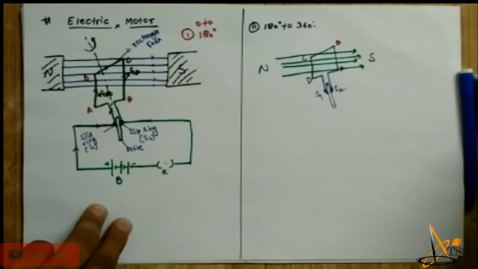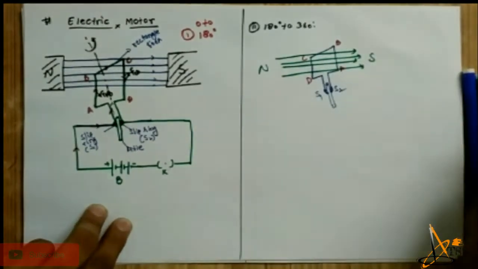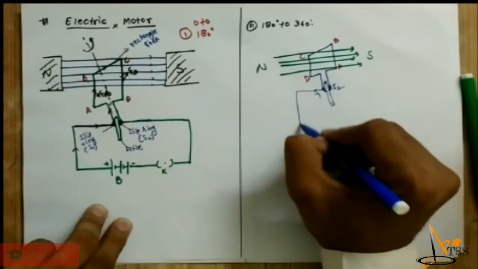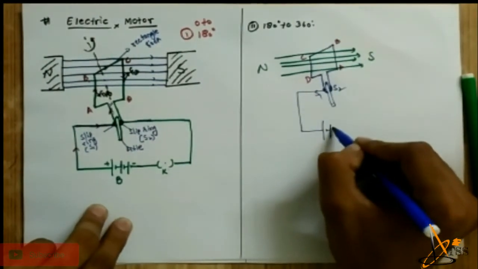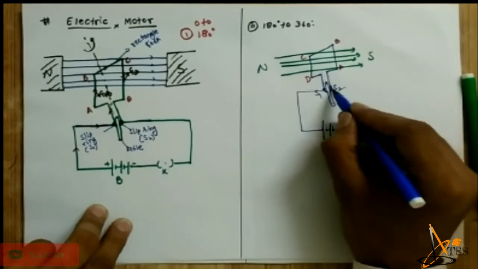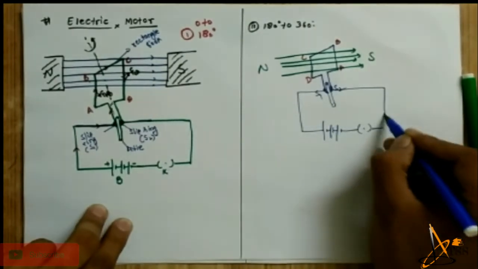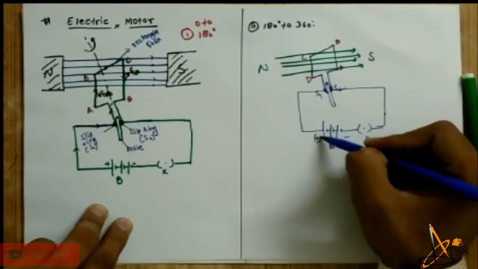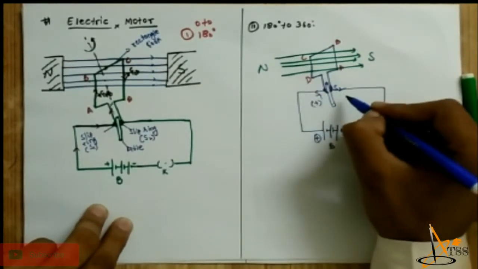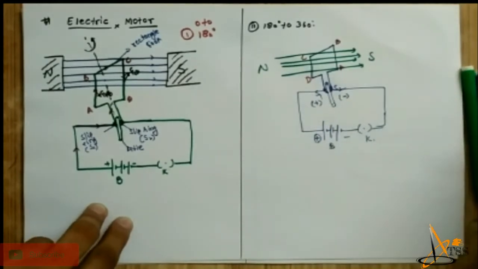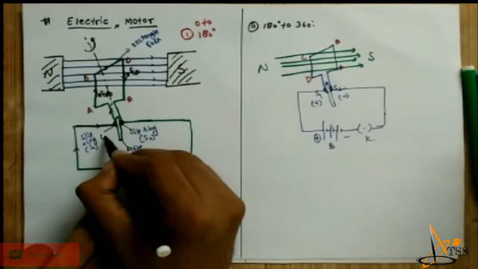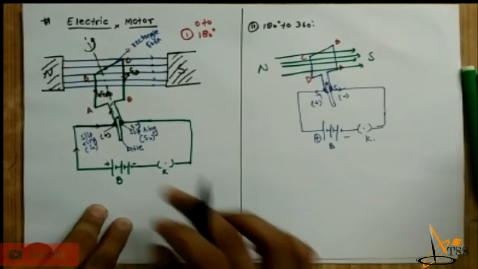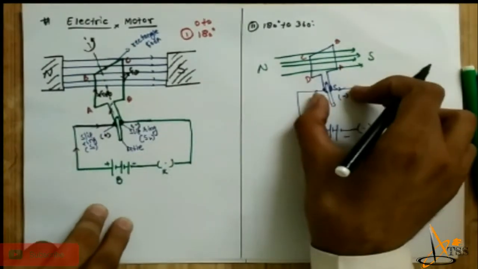Got it? So as I said, these slip rings are attached to the battery with the key K, plus and minus. This positive side is always on the S1 side, and this negative side is always on the S2 side. The plus and the minus will always be there because they are fixed.